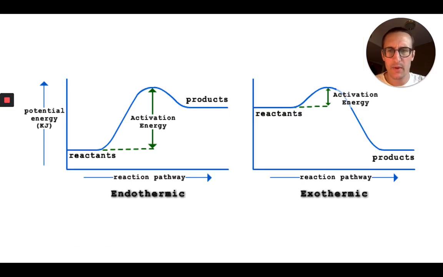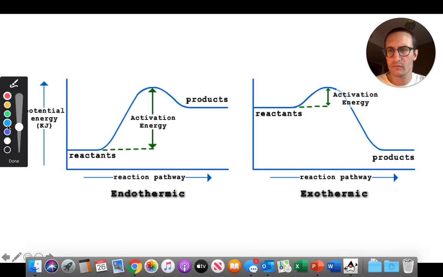Another way we can think about endothermic versus exothermic is these energy change graphs. And so we're going to look at this a little bit more. We can think of the energy of the reactants and the energy of the products.